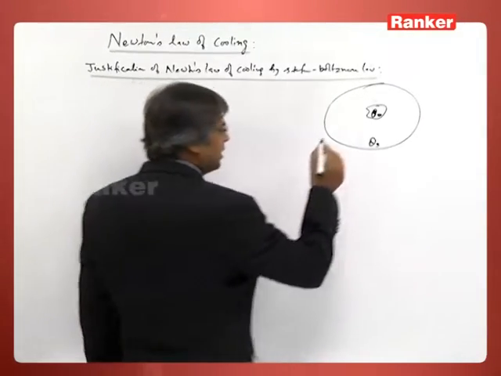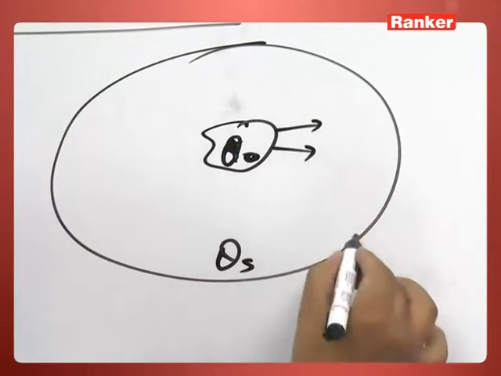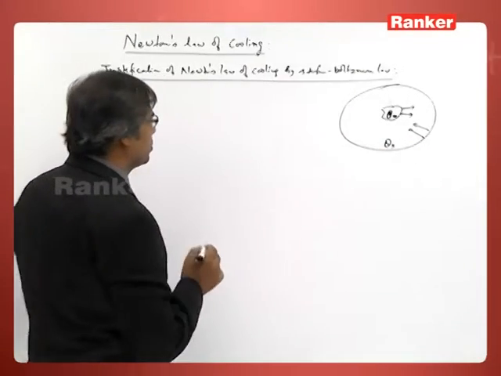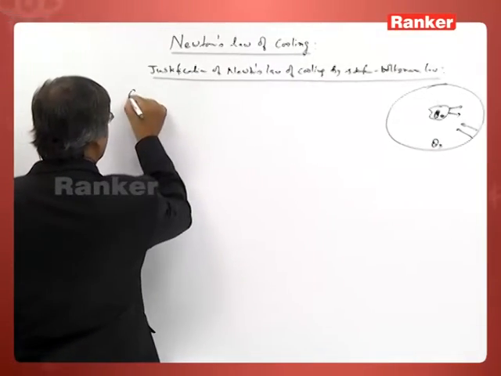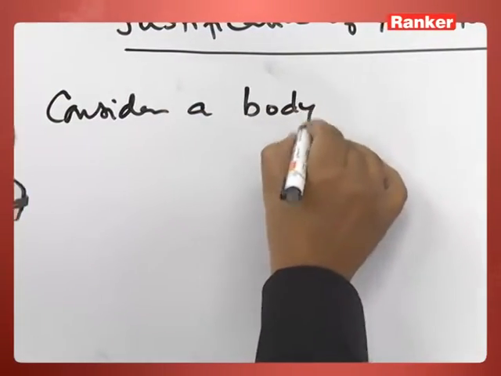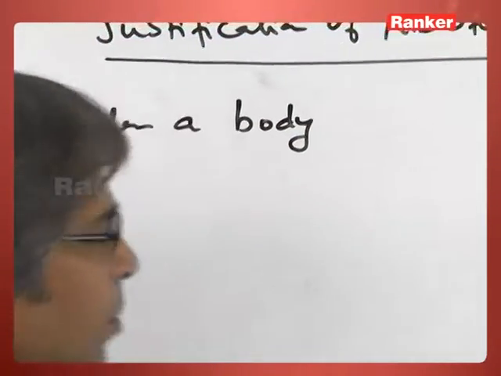So, what happens? It emits radiation as well as it absorbs radiation. So, consider a body, let us assume it is a black body.